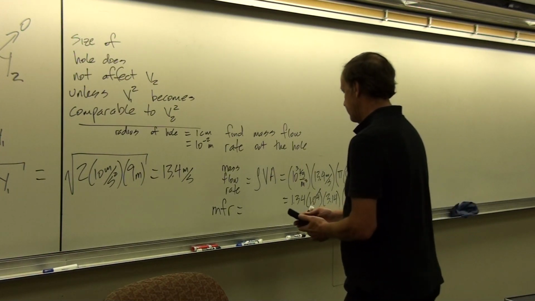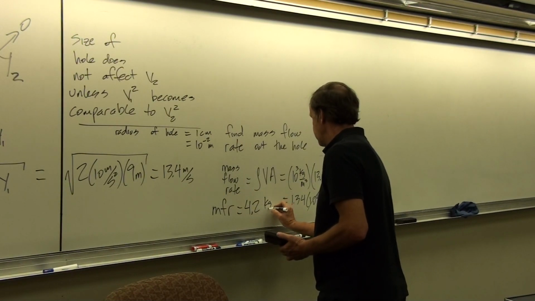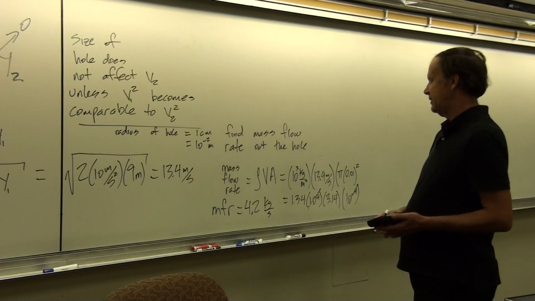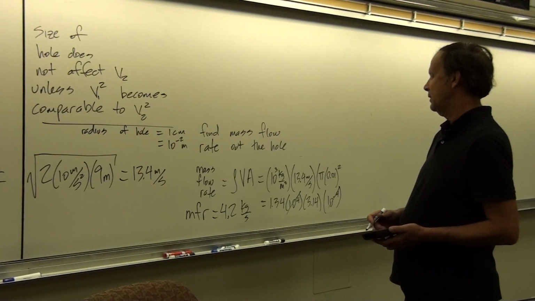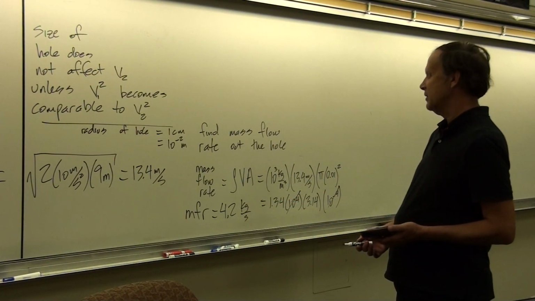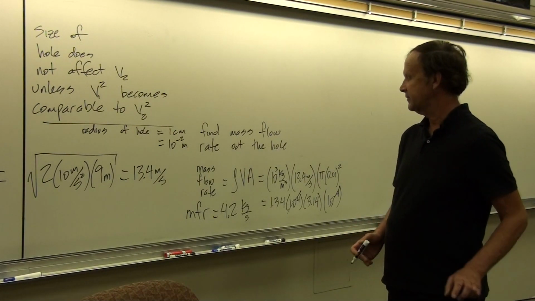Or 4.2 kilograms per second. Okay, and so that would be something like a couple pounds of water per second. And so that's a relatively large mass flow rate.